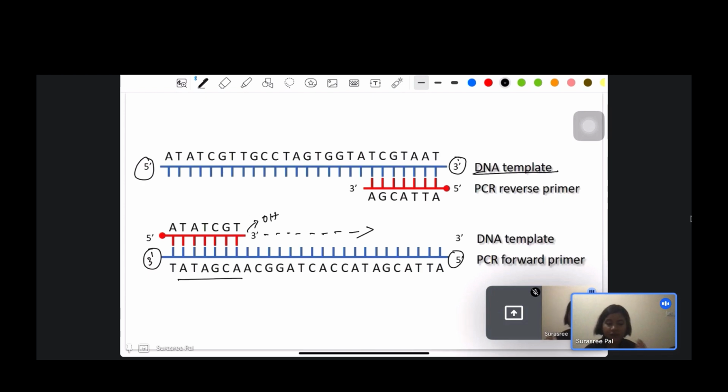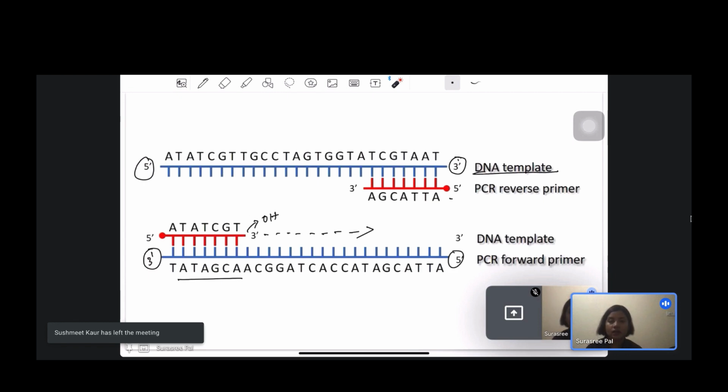Here also, in the case of the reverse primer, note that the reverse primer sits in the opposite orientation, because it sits on the other strand of the DNA, right? It is complementary to the other strand of the DNA, and you can see that it is complementary to this particular region of the template DNA, and it sits in this orientation from 5' to 3', right?